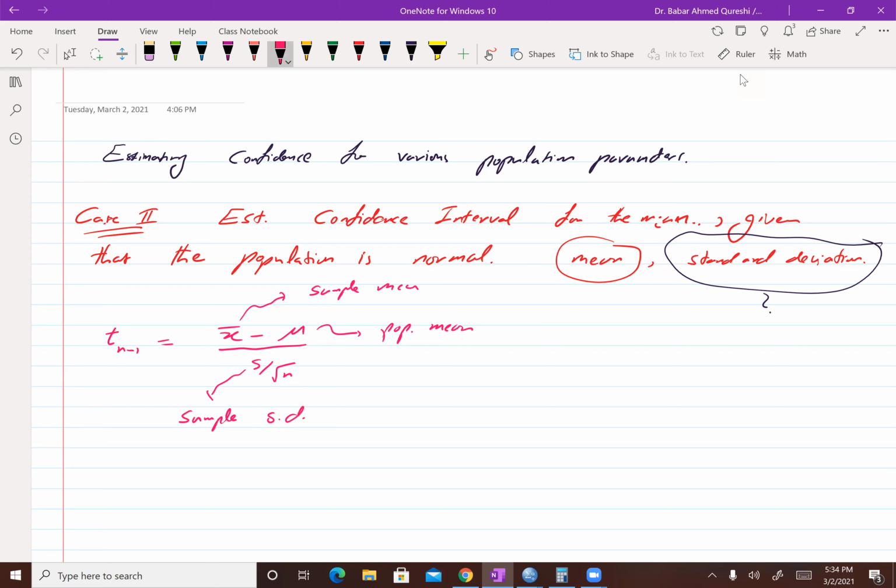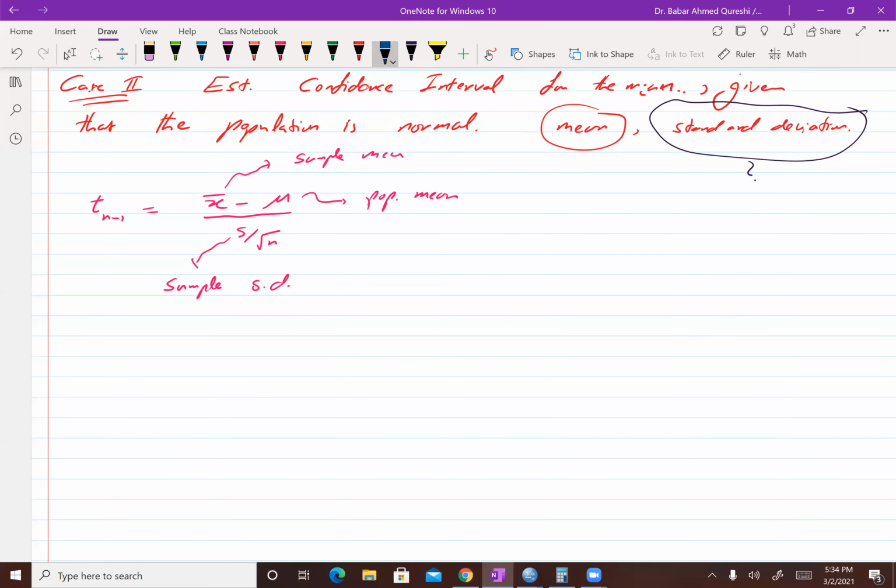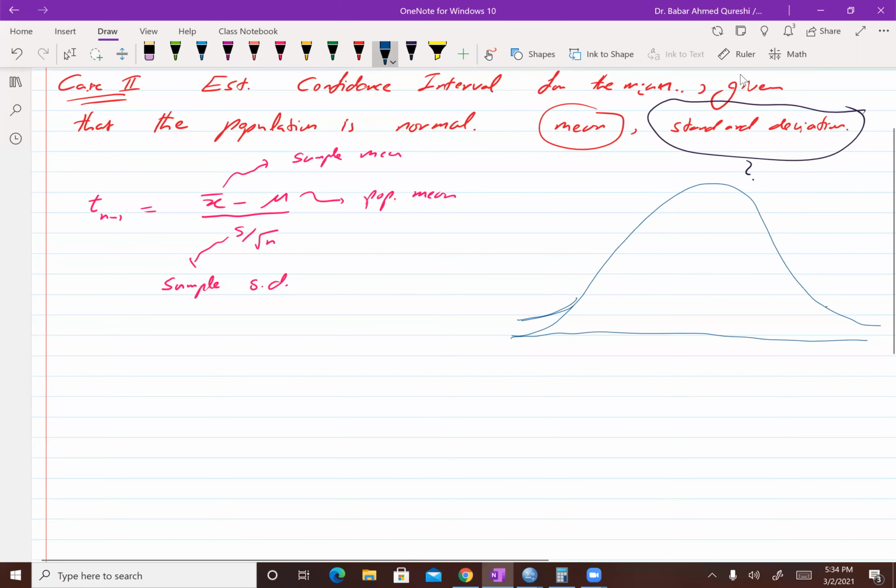So with this new variable, it looks pretty much like the normal distribution. It's a bit fatter at the tails and centered again at 0 for any one of these.